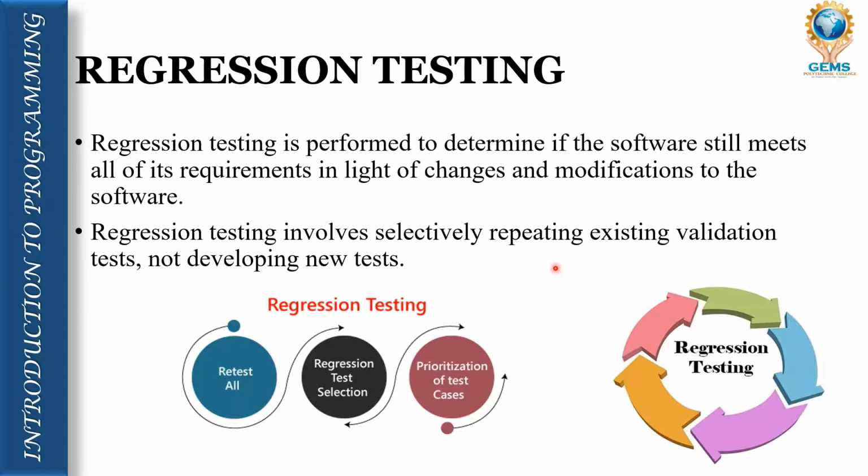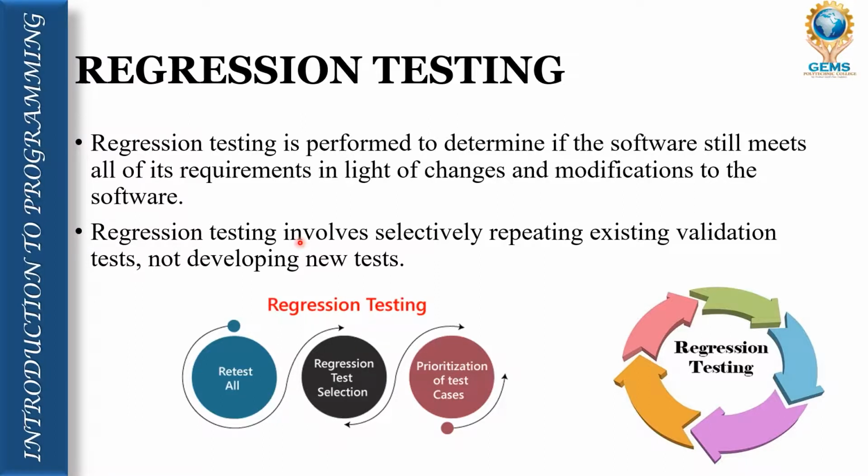So in the validation we have regression testing. Regression testing is performed to determine if the software still meets all of its requirements in light of change or modification to the software. That means based on the SRS, our software is designed, and it meets all our requirements, or slightly meets them.